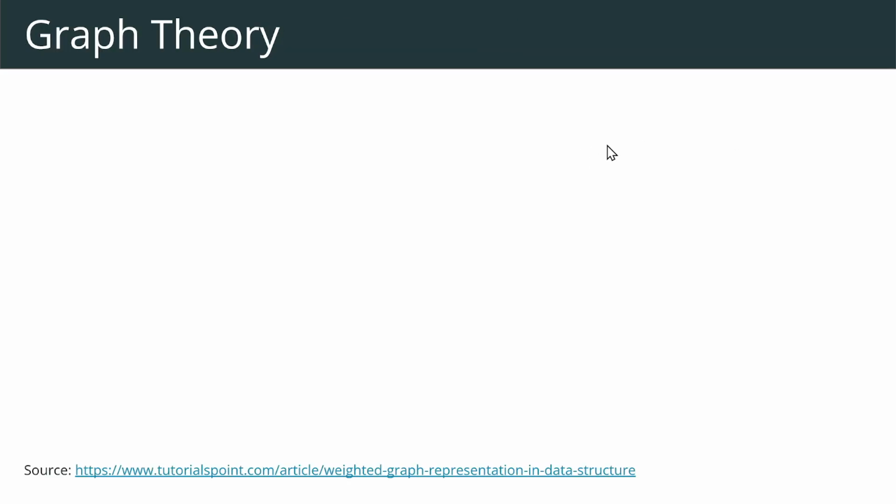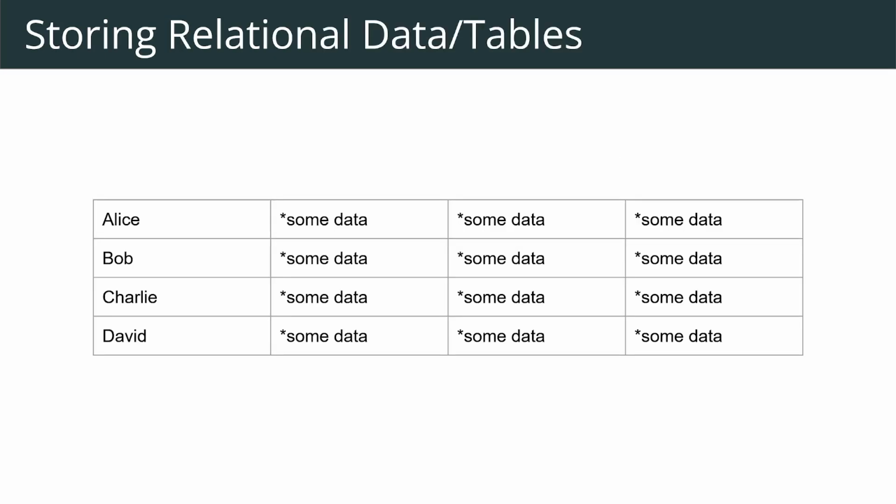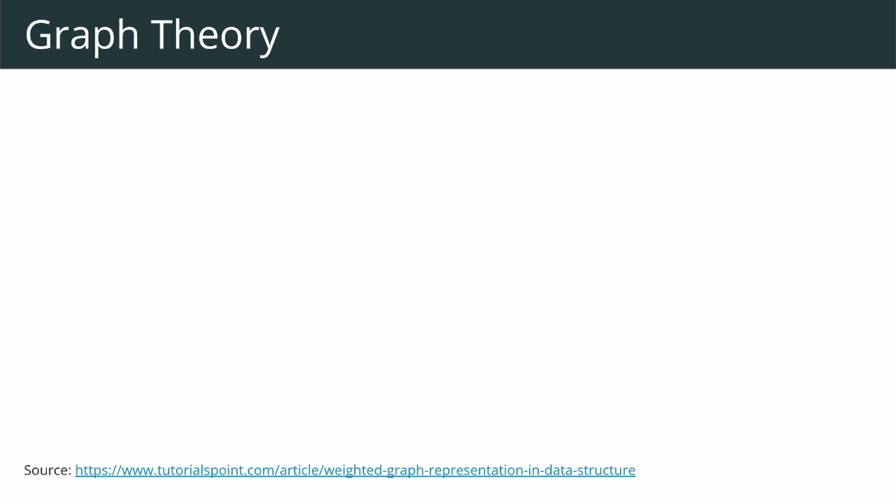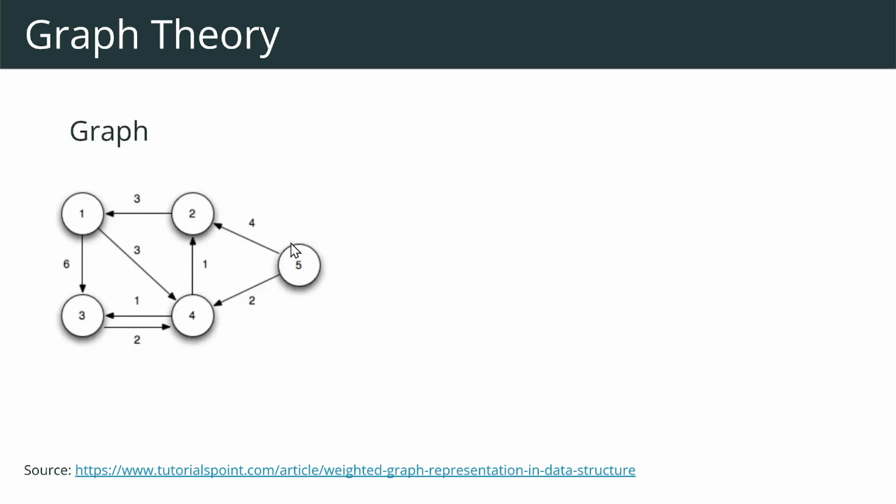Okay, you can also do graph theory. This is very related to the relational data. Graph theory, you can think of this as like representing a network, or maybe like a map. Say you're on like Apple Maps or Google Maps. You can think of these as cities where the distances are represented by the arrows.